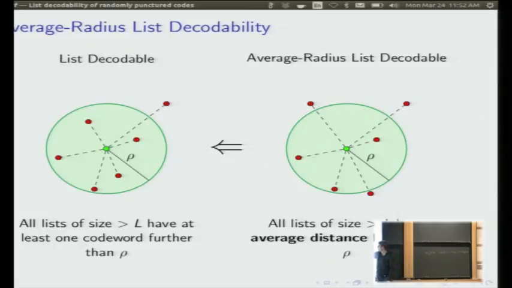Take the worst possible point, which in this case is just the center of those points, and ask that the average distance from that point is larger than rho. In contrast, normal list decodability says take L plus 1 points, take their center, and the maximum distance had better be larger than rho. Now it's saying even more: not just the maximum, but the average had better be larger than rho. Everyone good? Okay, so what I'm actually going to show is this slightly stronger notion.